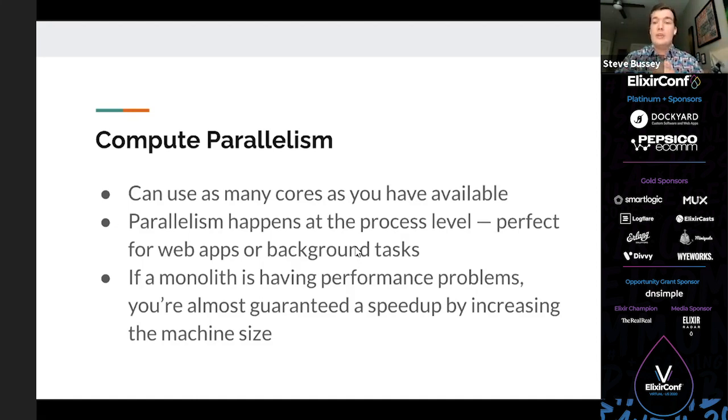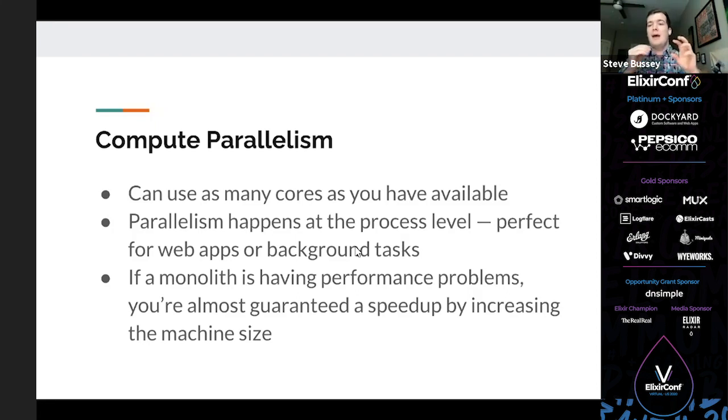So you can use as many cores as you have available. You can actually change this to whatever you want. So you could actually technically have more schedulers than you have cores available. That wouldn't really be a good thing. Or you can even have less depending on what your specific application needs are. And parallelism is going to happen at the process level, which is perfect for web apps and background tasks.